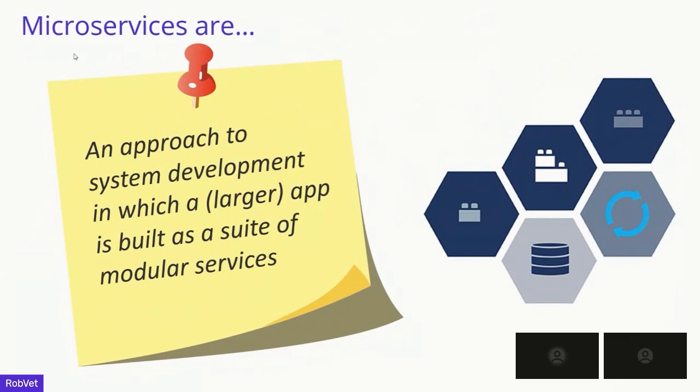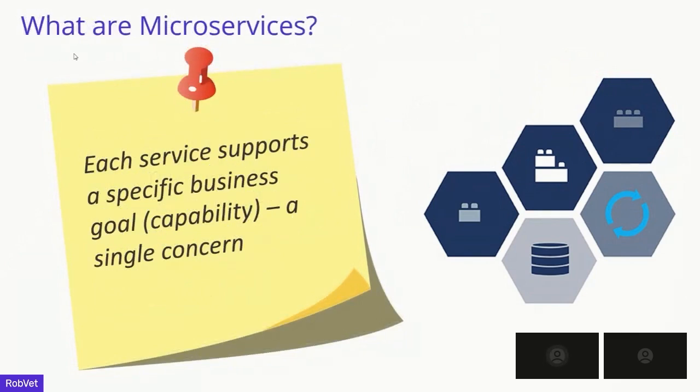So typically, we develop a larger application as a suite of small modular services. Think of a large application being a suite of small modular services. Each one of those services supports a specific business goal or capability. So a single concern. We're going to use an example throughout of an online store because everybody understands the online store, right?